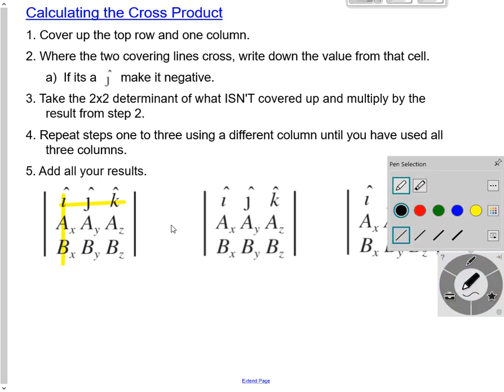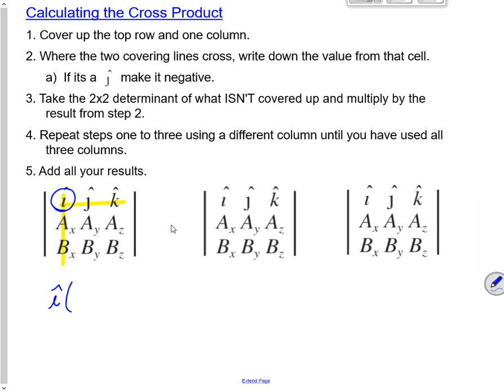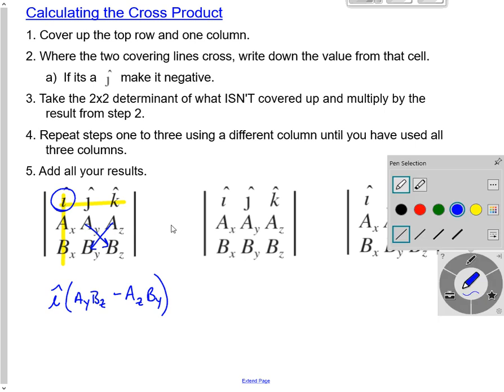I write down the letter where those two intersect, so I'm in the I-hat direction. Then I take the determinant of the stuff that's not crossed out, so this times this: AY BZ minus AZ BY. Okay, that's the first term. Now I go back, take the top row again, and now the middle column.